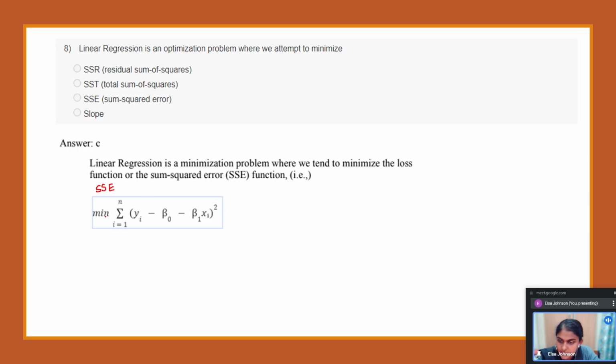So it is given by minimizing, summation 1 to n, yi minus y hat, whole square, where y hat is the predicted value. So that is what we try to do in linear regression. So sum squared error.